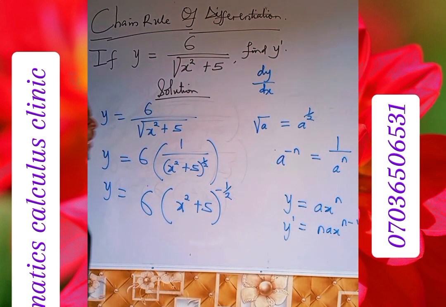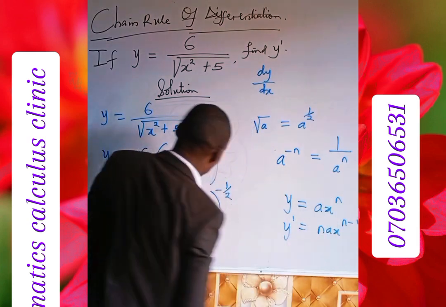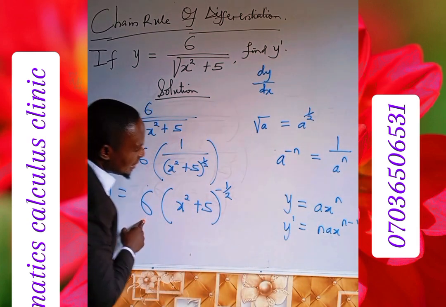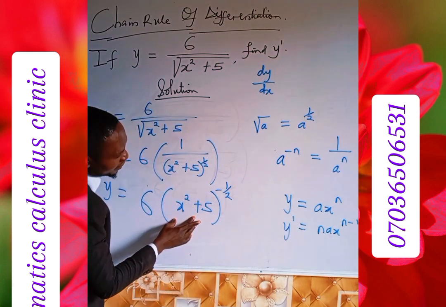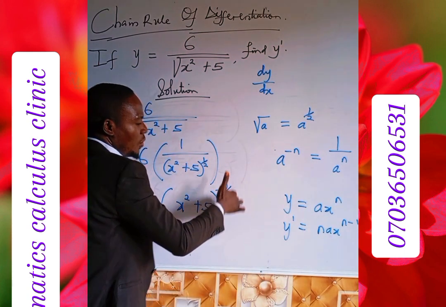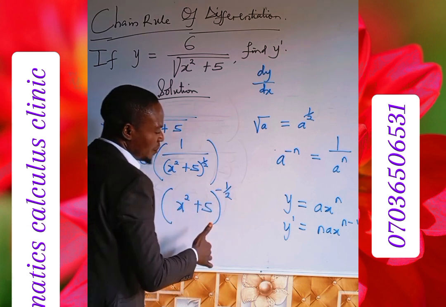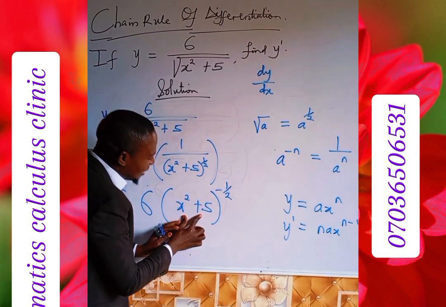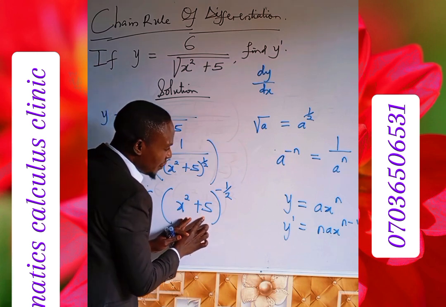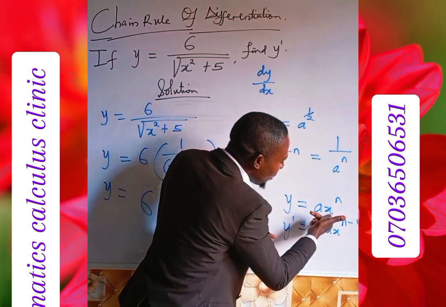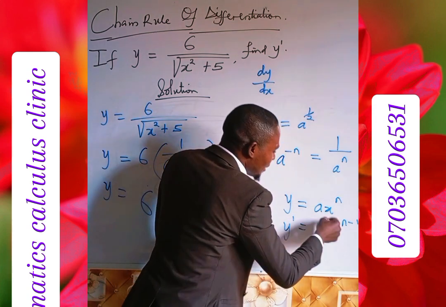But we can't apply this directly because my a here is 6, my x here is x squared plus 5, and my n here is what? Minus 1 over 2, that is minus half. We can't apply this directly because the base here is a binomial function, whereas the base here is monomial. So when the base is monomial, you apply this law like this.